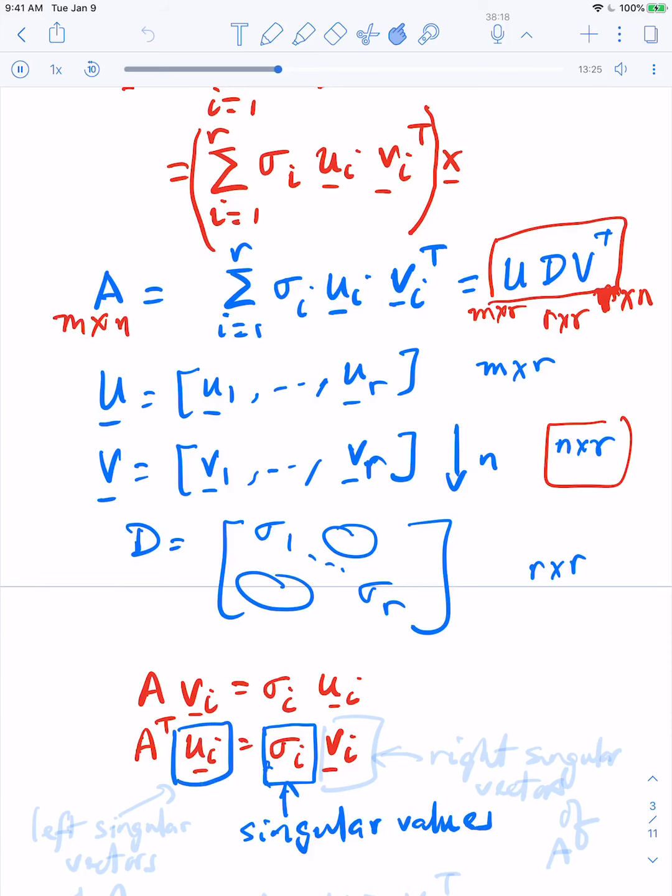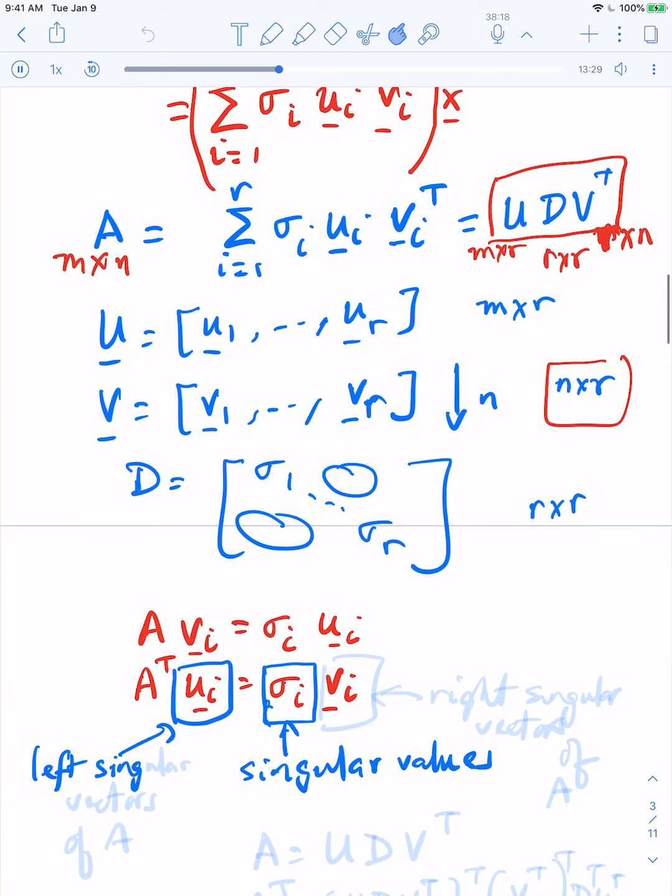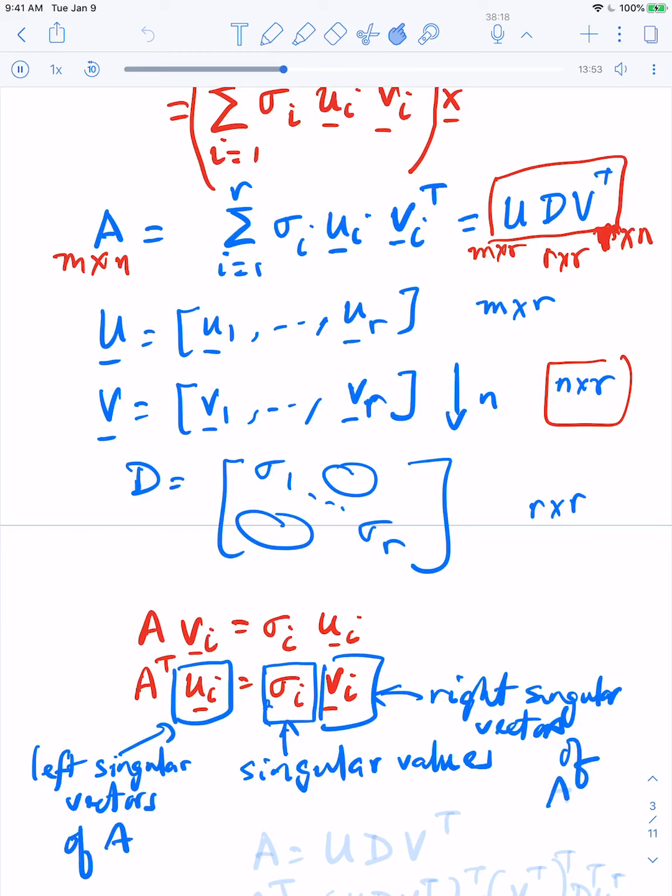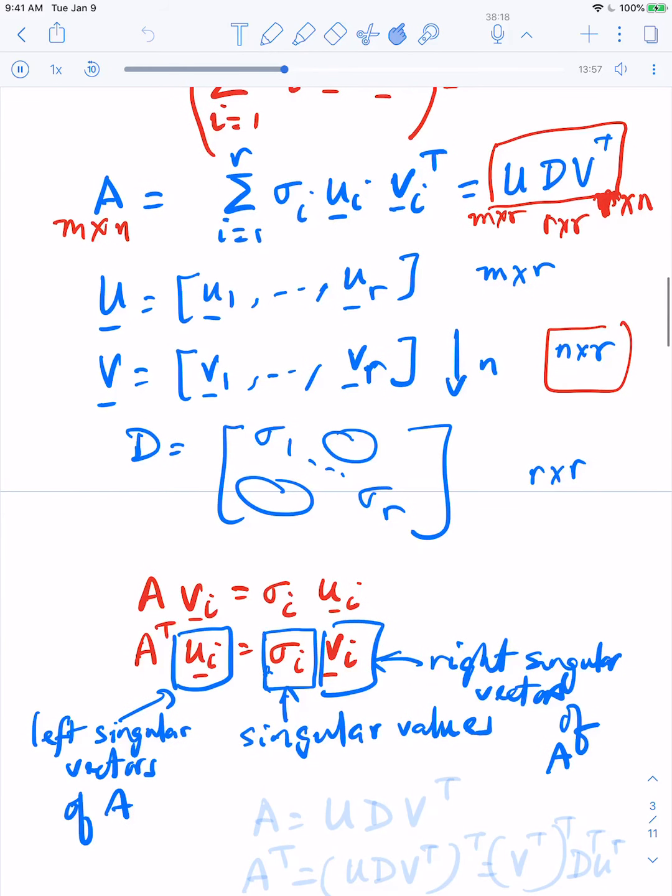The U's are called left singular vectors, and the V's are called right singular vectors, because they appear on the left and right respectively of the singular value decomposition of A. So left singular vectors of A and right singular vectors of A, and of course the left singular vector of A is a right singular vector for A transpose, right?